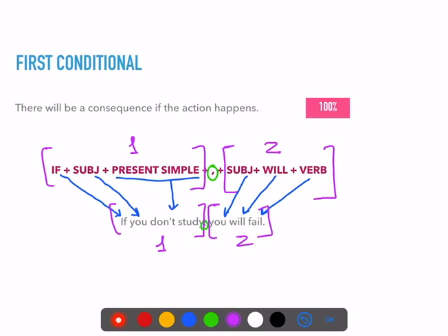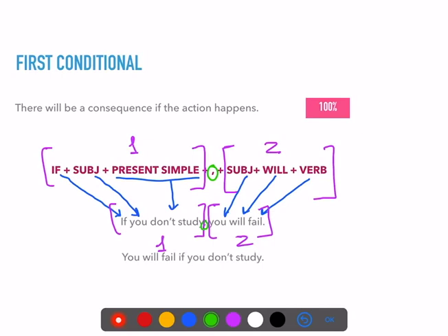Okay. Now, second conditional. Well, a minute. I forgot. You can also write the conditionals in the other side. For example, you can put the second sentence at the beginning. You will fail if you don't study. And it is correct. The only thing is that here we don't use a comma.